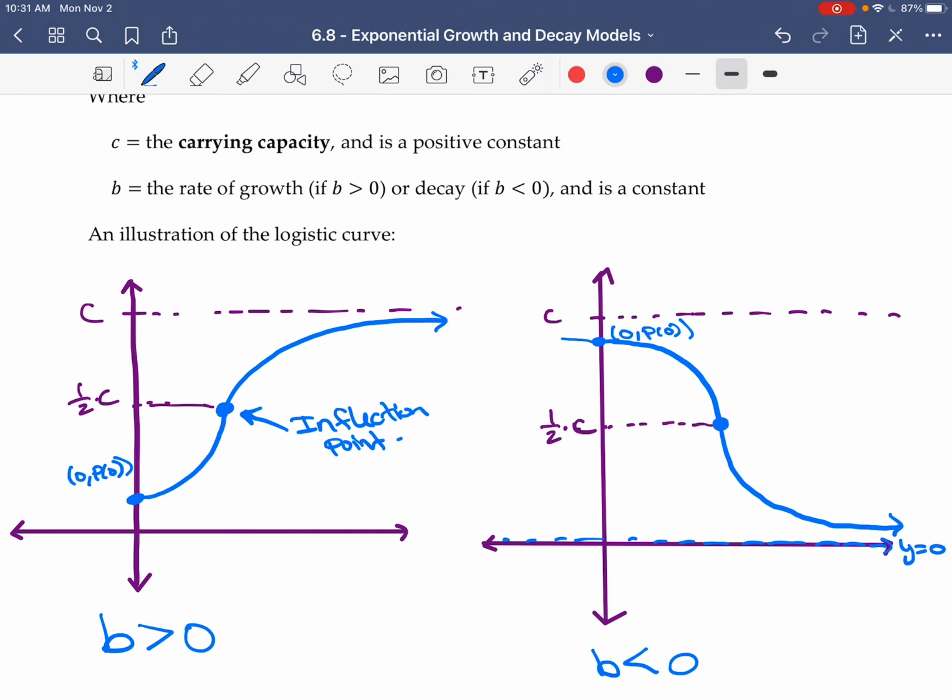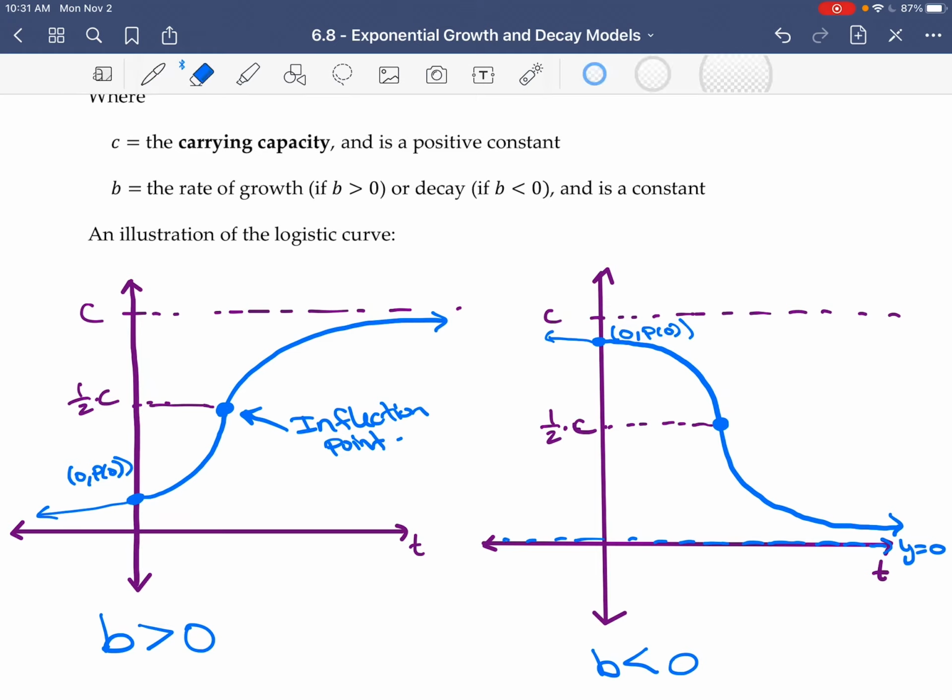Technically, these graphs continue like this, but the x-axis is really the t-axis, it's time, and it doesn't make sense to talk about negative time, so that's why I stopped them there. The graphs do continue like that.